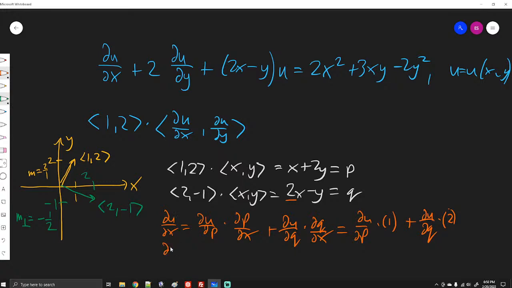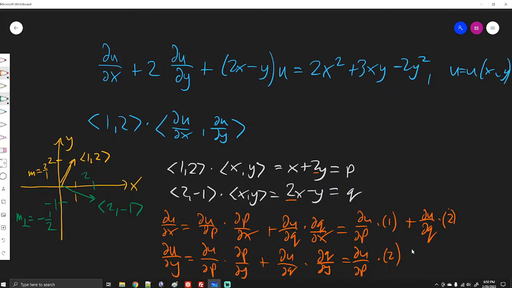So now I'm going to find partial of u with respect to y. It's the same formula as above, but now instead of x here and here, it's going to be a y. The derivative of p with respect to y is going to be the coefficient of y, so it's just 2.